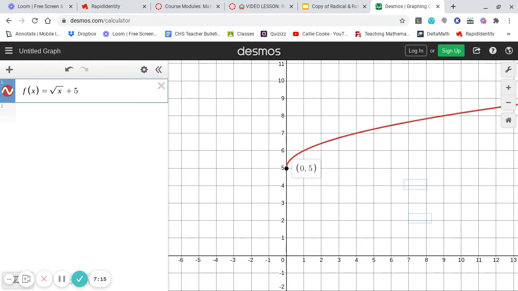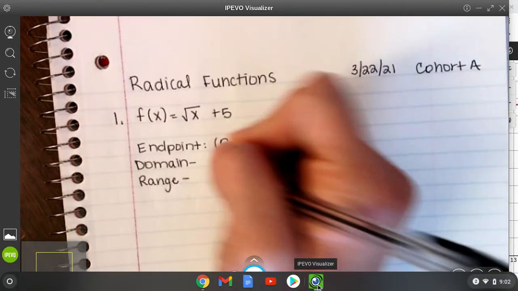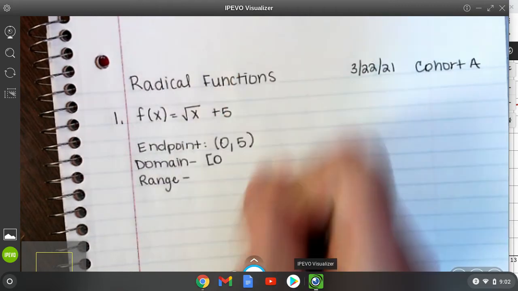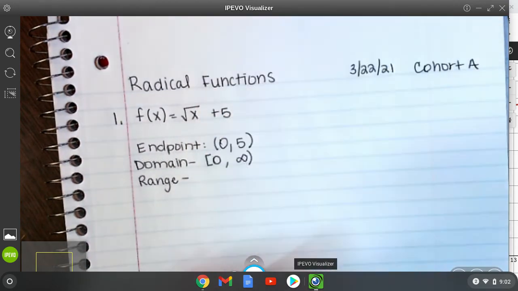What is the x of your endpoint? 0. And then do we use positive x's after that, or are they negative? Positive, so that means it's growing, right? So our domain is going to be from 0, and 0 is included, so we put the square bracket, to positive infinity.